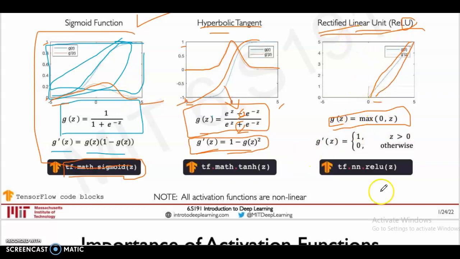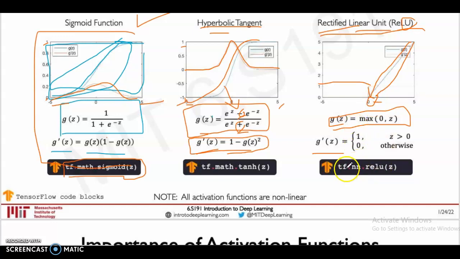After differentiating g of z, we get 1 if z is greater than 0, otherwise 0.